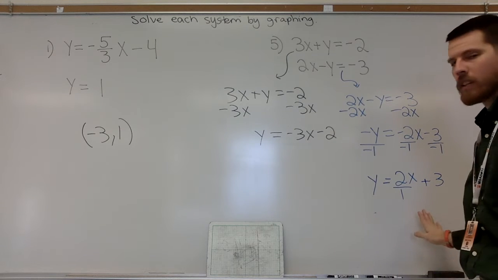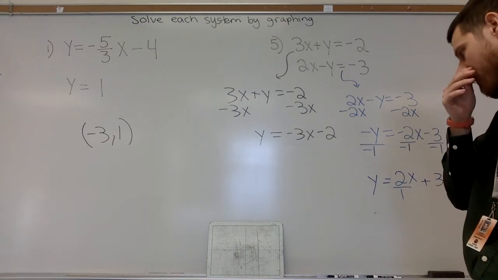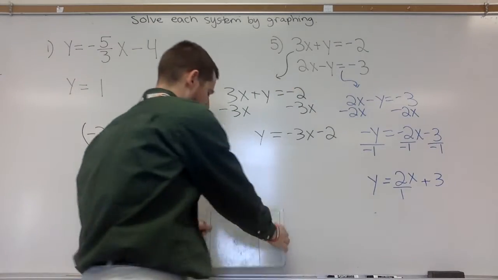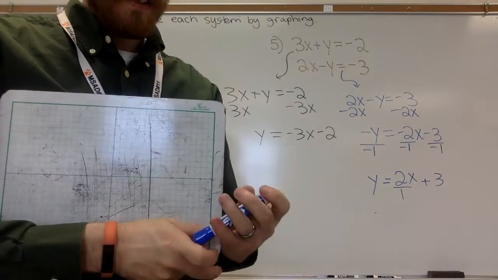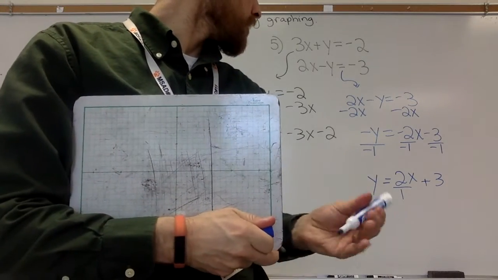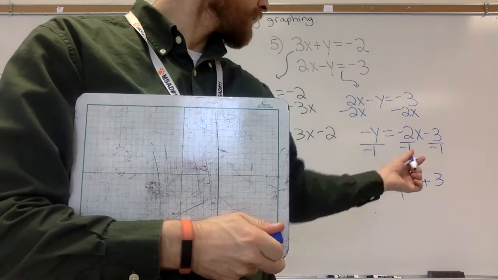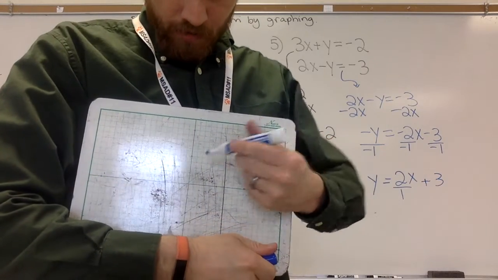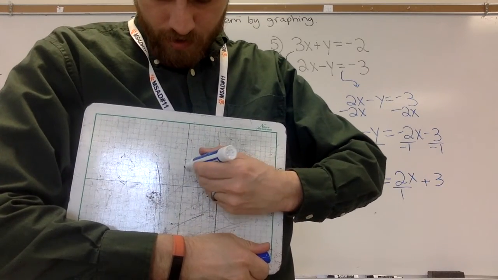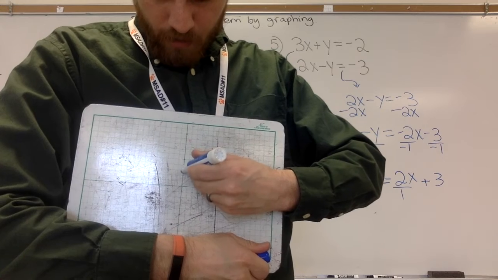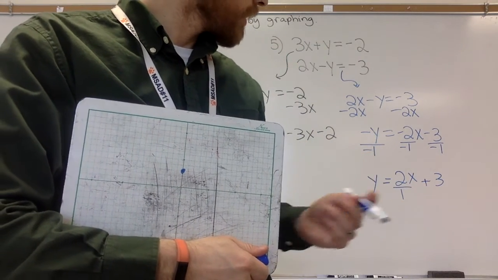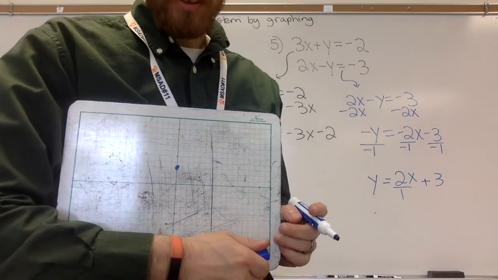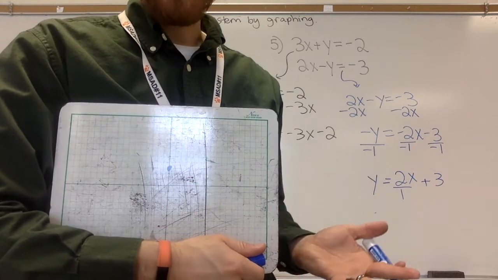Now I have both lines that I need in order to make my graph. So if I come back to my graph, which I've blanked out conveniently, what I'm going to do is start with my blue line here. It starts at +3 on the y-axis. That's my starting point. From there, it says 2/1. If things are looking up and going the right way, that's positive.